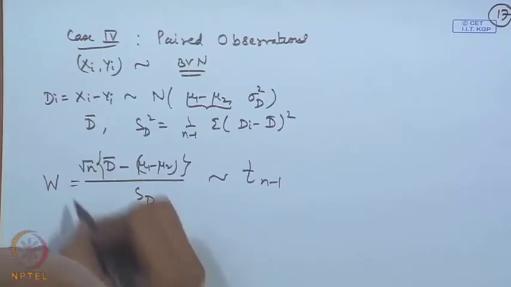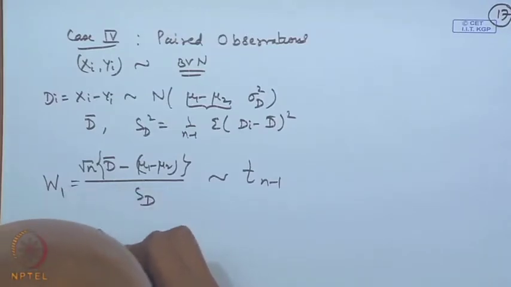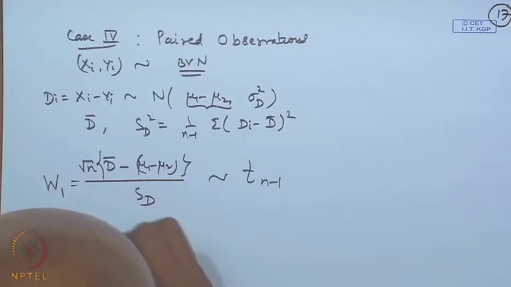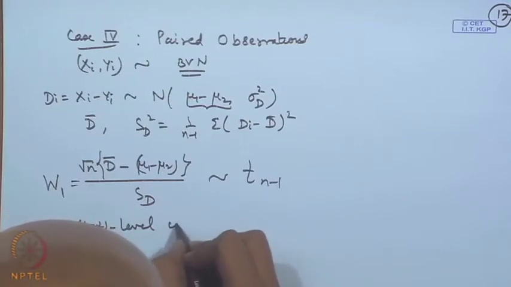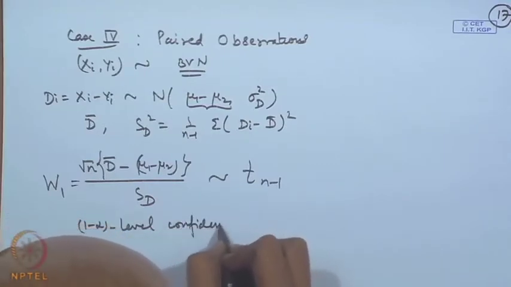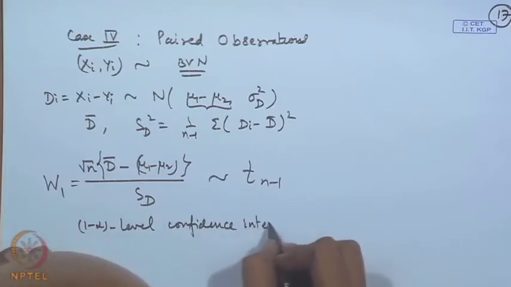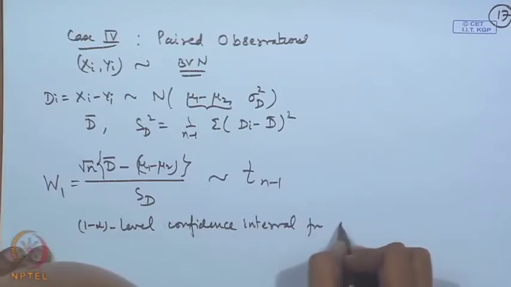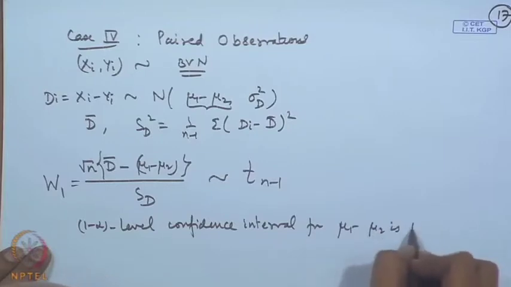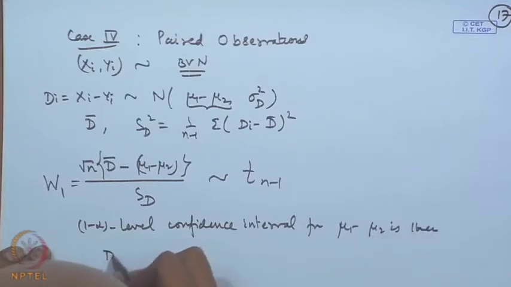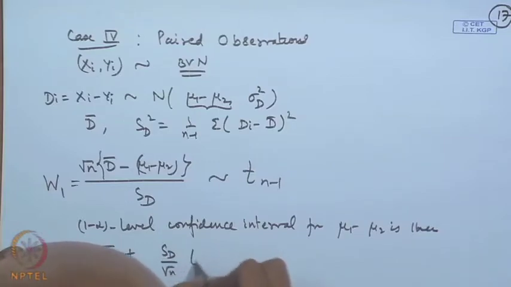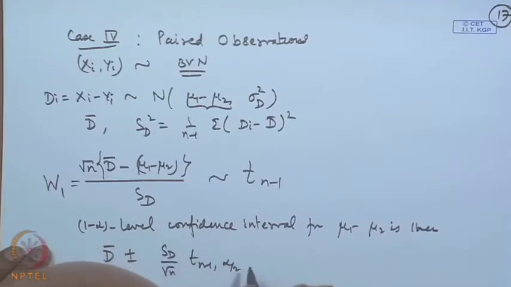If we use this as a pivot, then the 1 minus alpha level confidence interval for mu 1 minus mu 2 is d bar plus or minus S_d by root n times t_{n-1, alpha/2}.